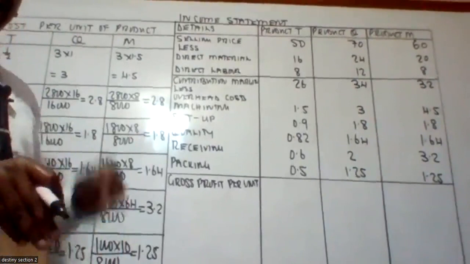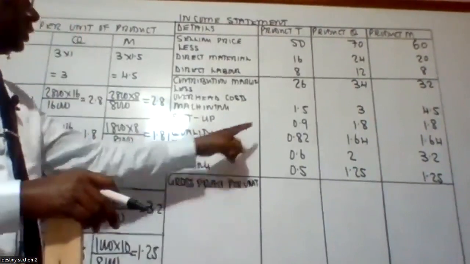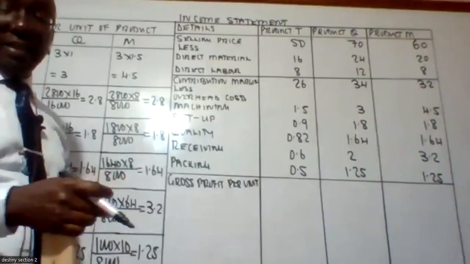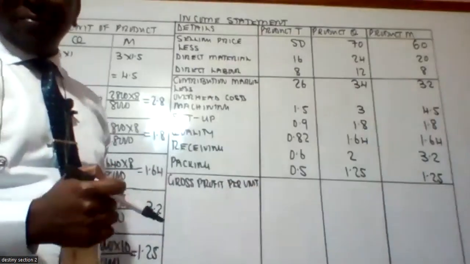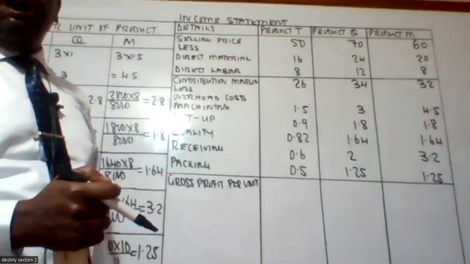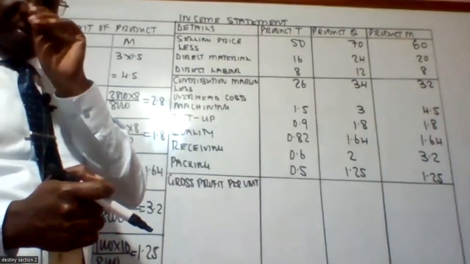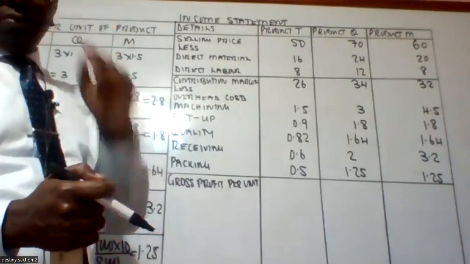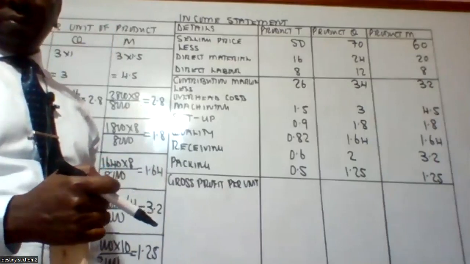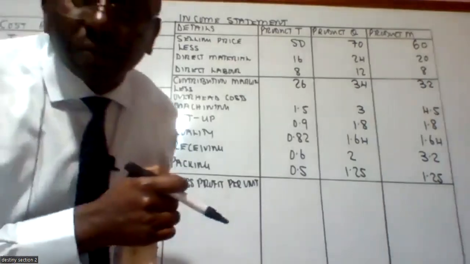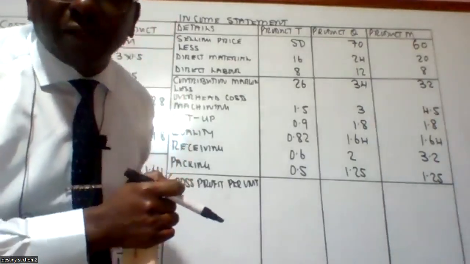So we can start the working. Tell me, for product T, it is what? $21.68.